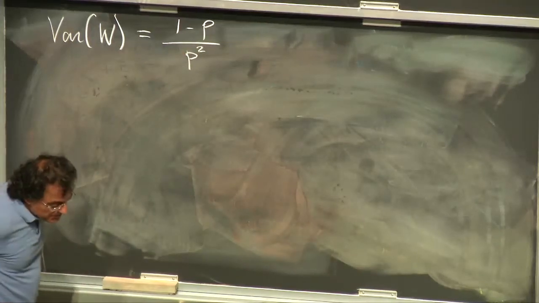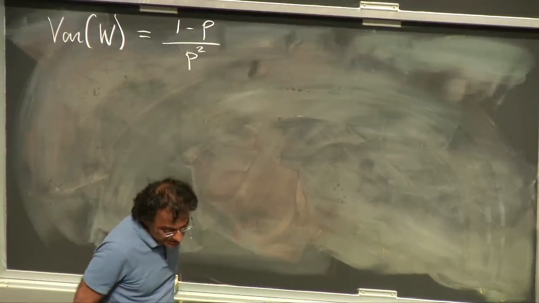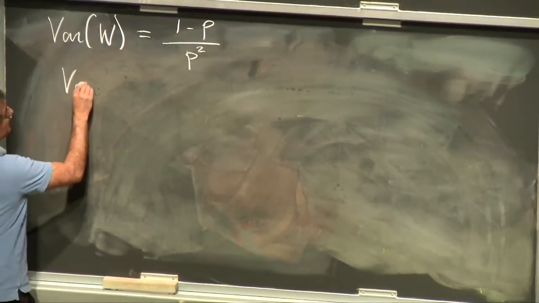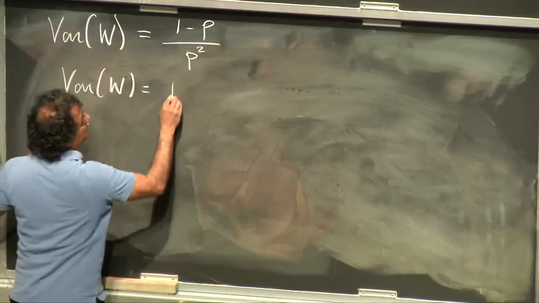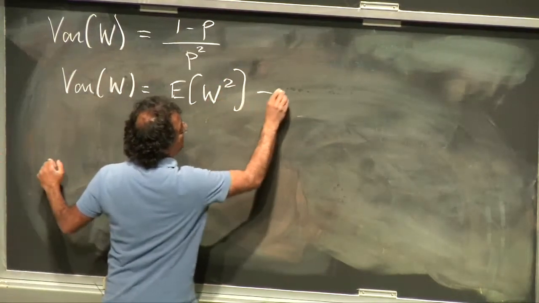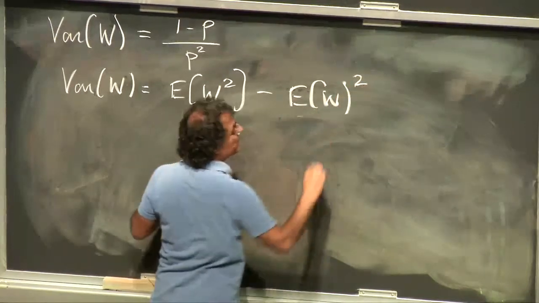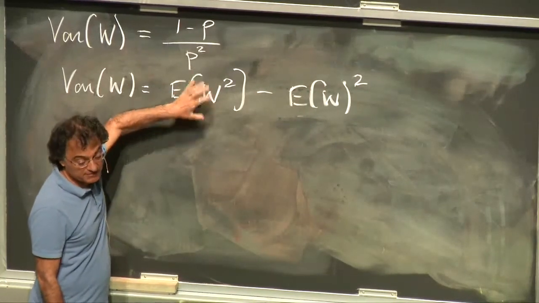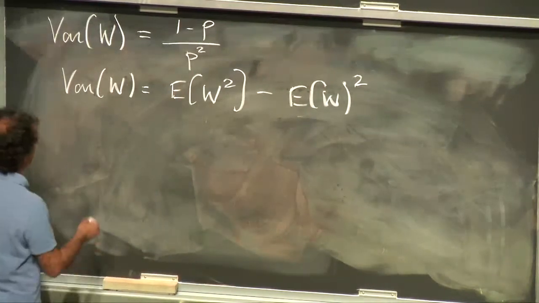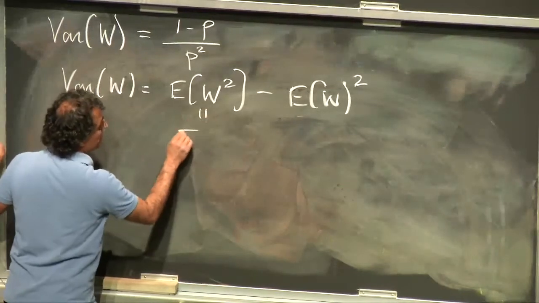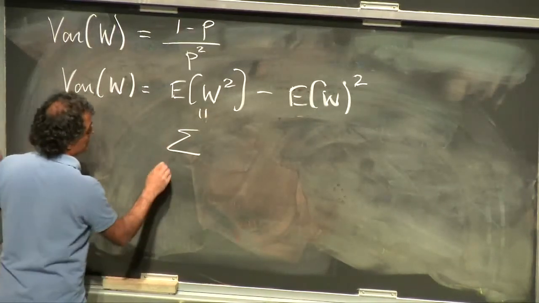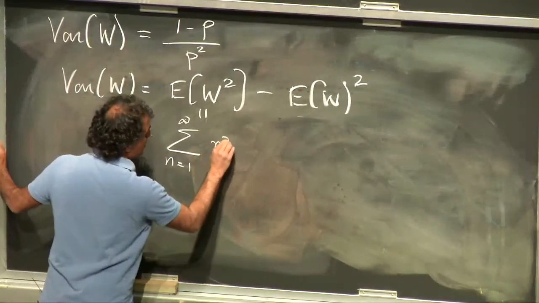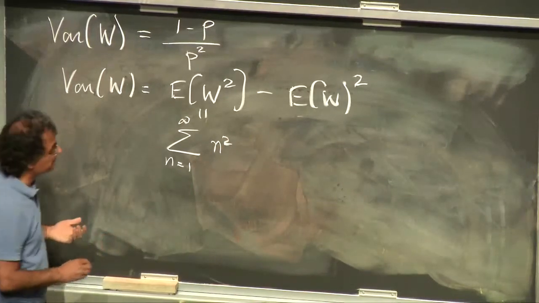Okay, so now how do we actually figure this out? Well, one way you could do it is, the variance of W equals the expected value of W squared minus the expected value of W, whole thing squared. We already know that, so we compute the expected value of W squared. So how do we do that? Well, the expected value of W squared is the summation from n equal to 1 to infinity of n squared times the probability W equals n.